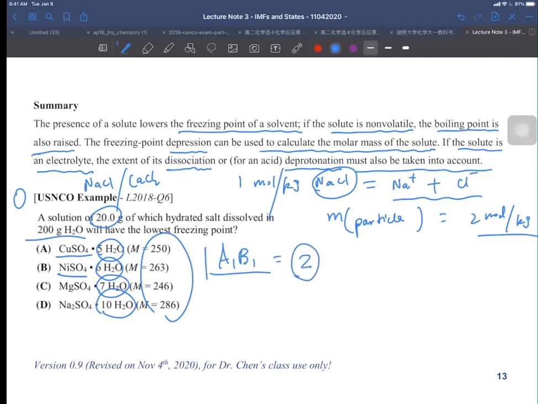So the correct answer should be D, because each mole can dissociate into 3 moles, right? Does this make sense to you? This is the major factor. Although the molar mass is slightly different and the amount of water is slightly different, with our calculation we should be able to conclude the number of ions produced will be the major factor. Lowest means it has the highest molality of ions, right? Make sense?